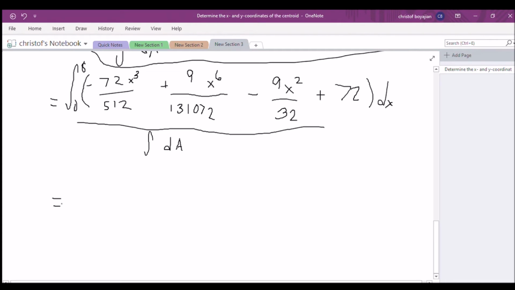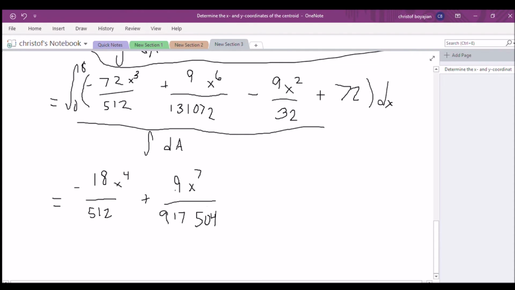The integral is going to be negative x to the 4th, 72 divided by 4, 18 over 512, plus 9x to the 7th over 131,072 times 7, which is another large number, 917,504.